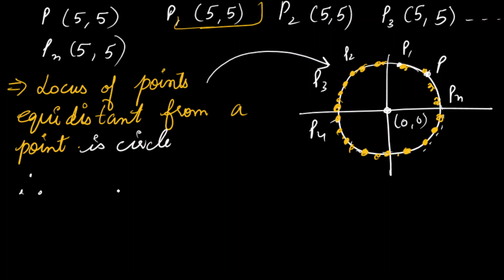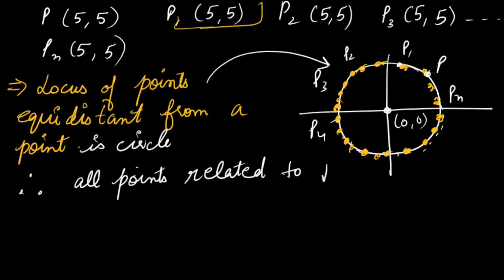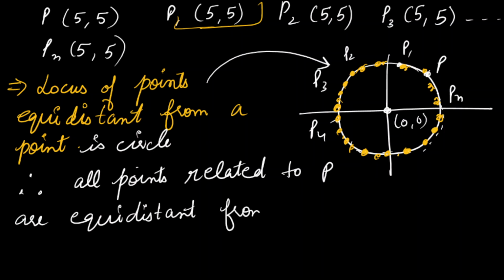Therefore, we can write here: all points related to P are equidistant from origin. And what is origin? Origin is also a point.